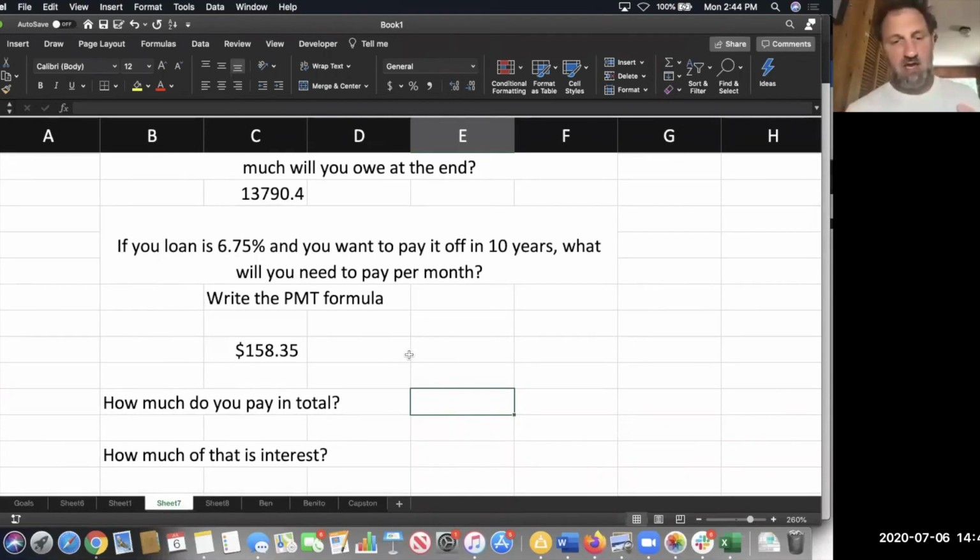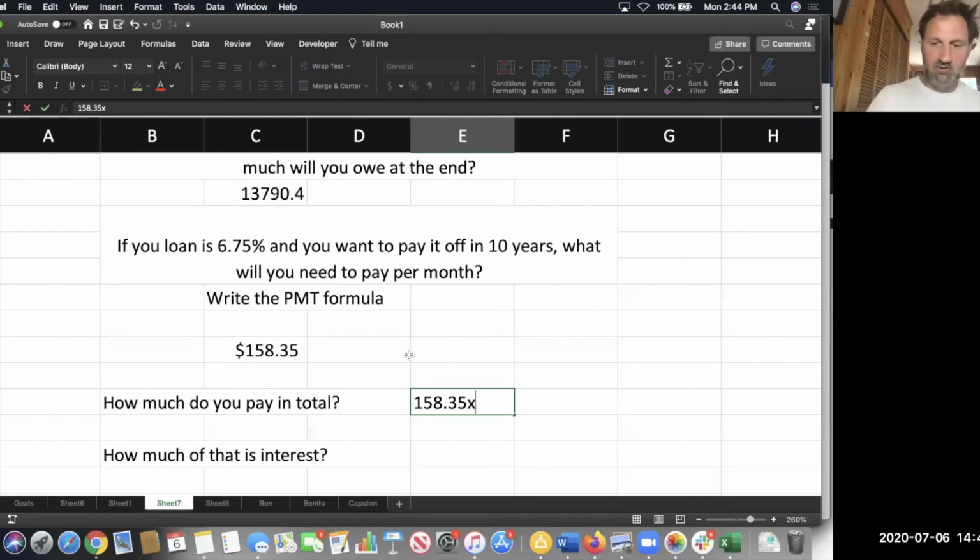How much am I paying every month in this student loan situation? $158.35. Okay, and then we need to multiply that by how many months we're going to make that payment. So times 120.